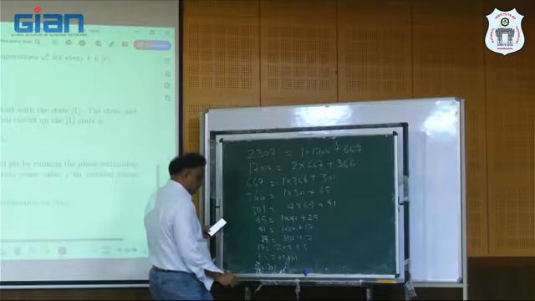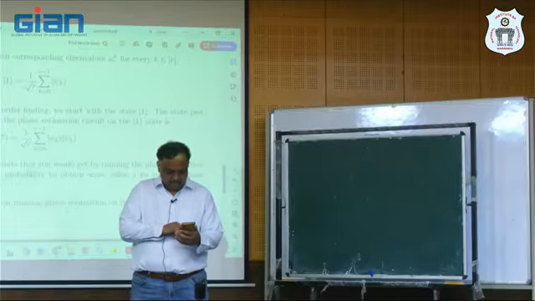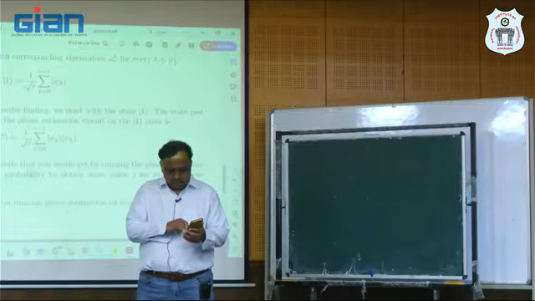But first, the last equation was 7 equal to 2 into 3 plus 1.